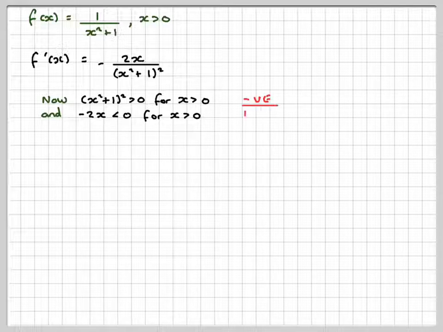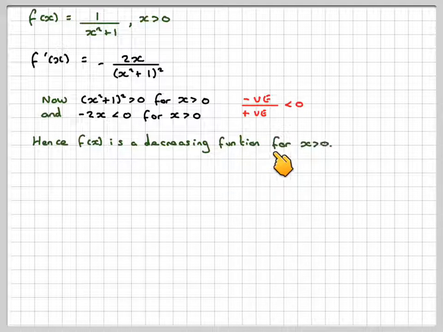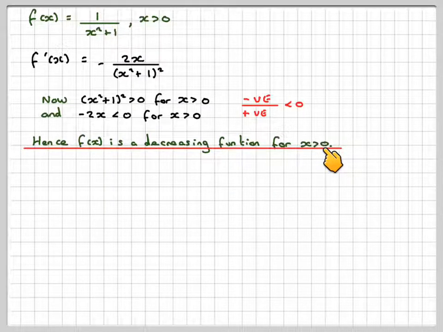Therefore, you're going to have a negative divided by a positive in the derivative, which means it's less than 0, and if the derivative is negative, then we have a decreasing function. So hence f of x is a decreasing function for x greater than 0.